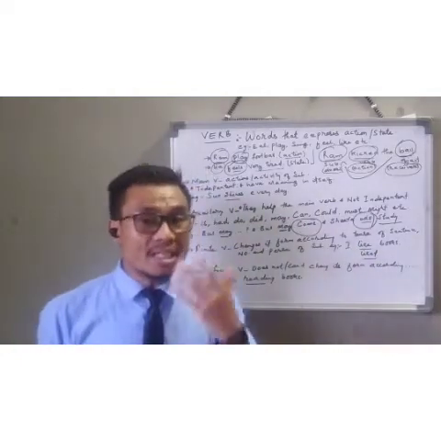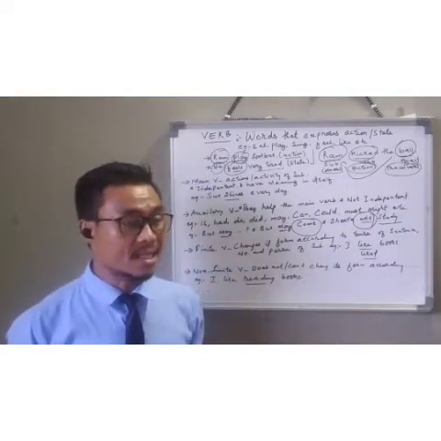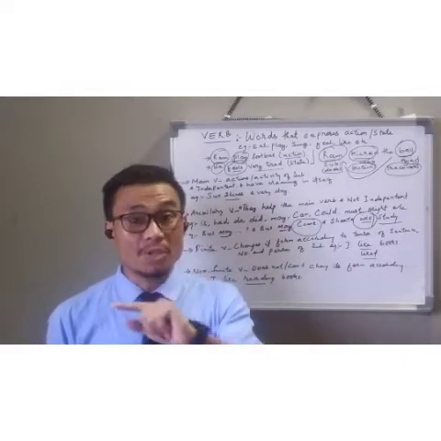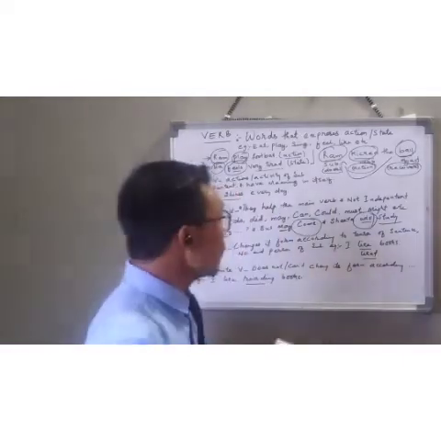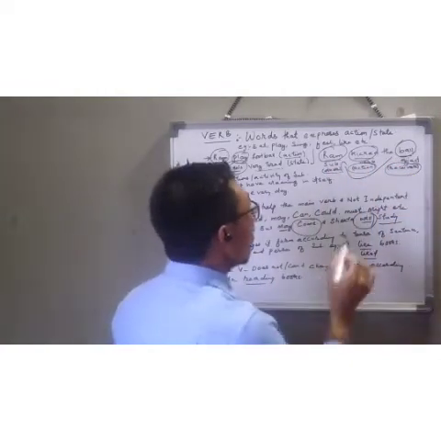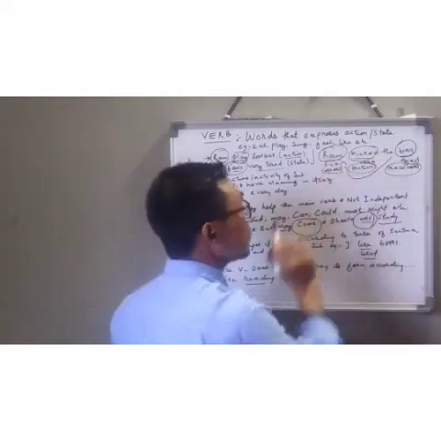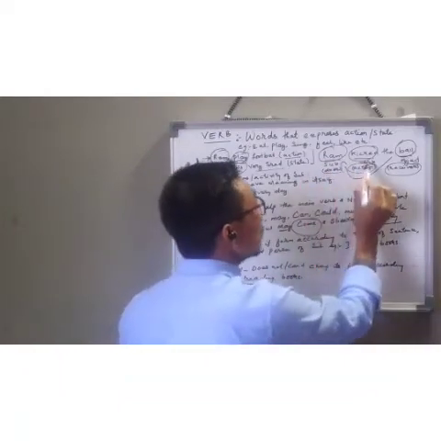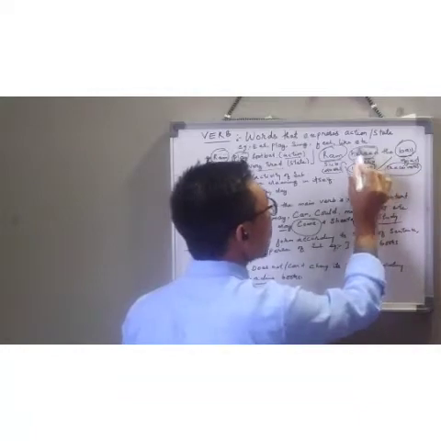Now before going into details about the verbs, let us see what are subject, verb and object in a sentence. If we look at the sentence, Ram kicked the ball. This Ram is a subject, who is the doer, the one who performs the action of kicking.